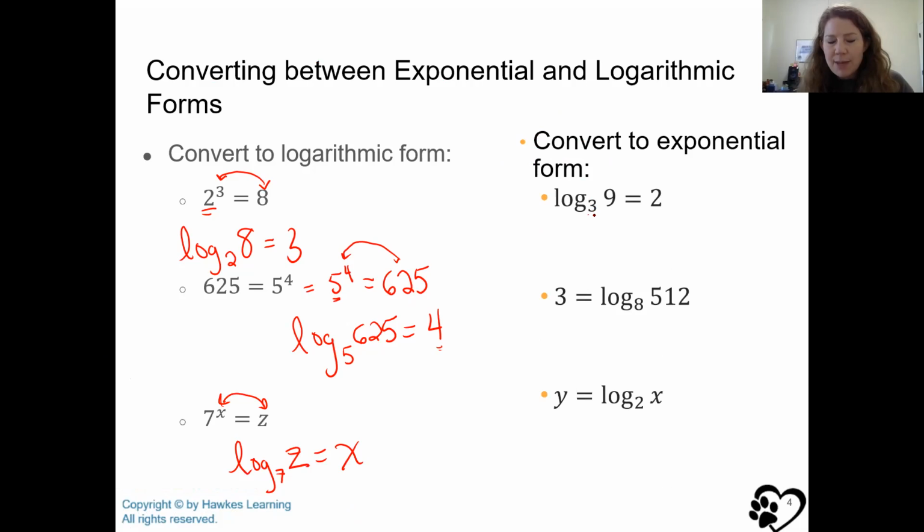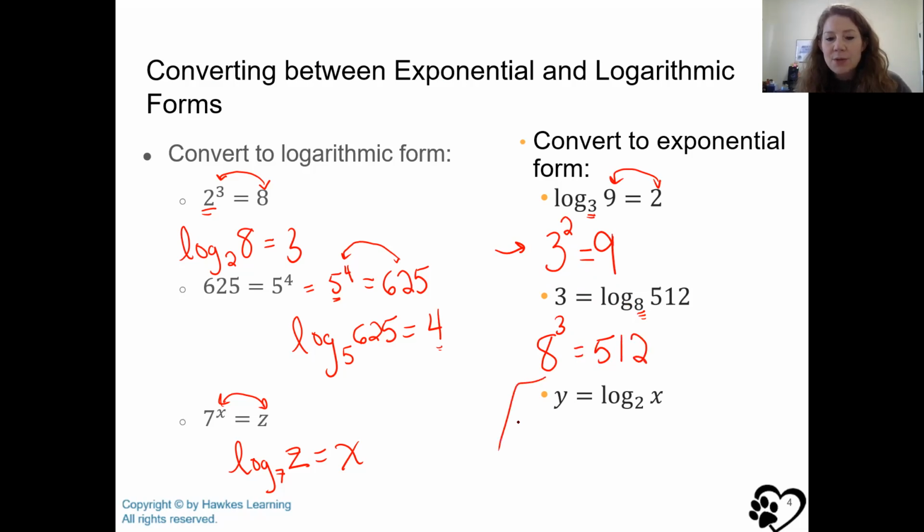We're going to take our base, our little number, we're going to start there, make it a big number, raise it to the power of 2, and set it equal to 9, right? And we know this is true. We know that 3 squared equals 9, so we feel good about our answer. On this one, we're going to take that base, that's where we start. We're going to raise it to the third power, and we know that 8 to the third power is 512.